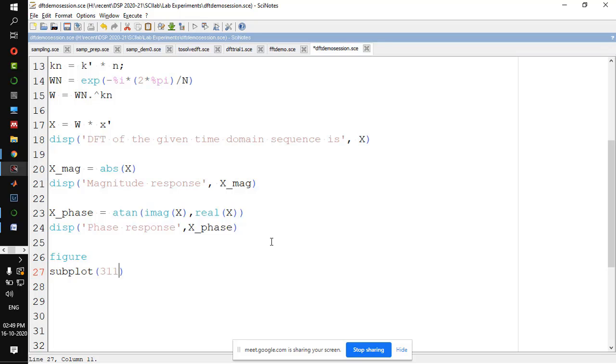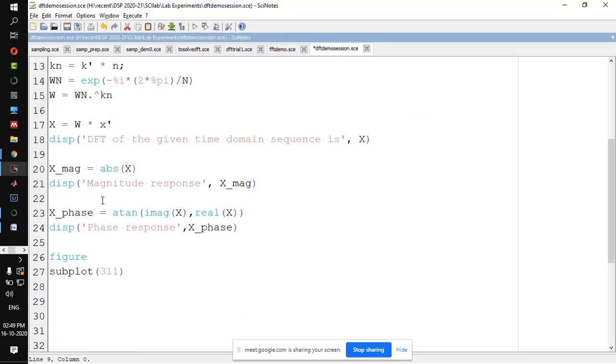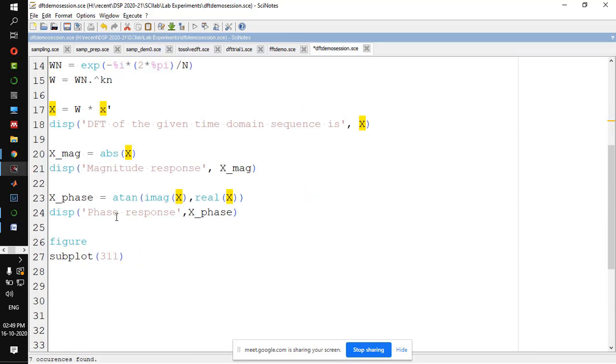In that first figure, I want to plot x of n, which is in the small letter x variable, right? The x-axis is n and the y-axis is x of n, so I have to plot it using plot2d3. This is the command to plot the samples, n comma x. This is plotting the time domain sequence.